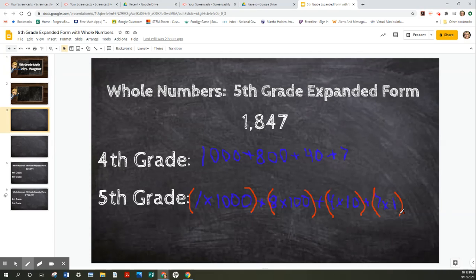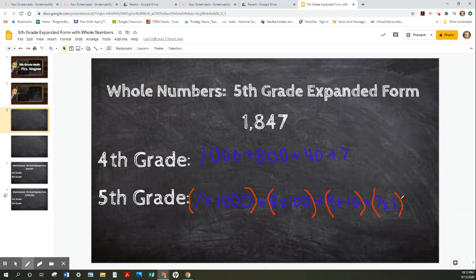I actually prefer to show it that way. It makes a little bit more sense to look at it that way, but it's not always shown that way. So you need to be able to read it, whether it has parentheses or not. And generally on the end of the year assessment by the state, you will not see the parentheses. So you can do it both ways, but without parentheses is preferable.